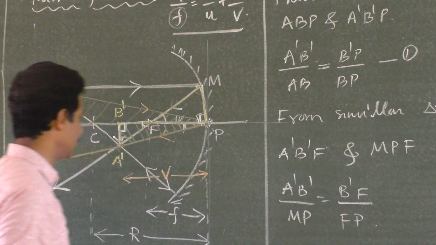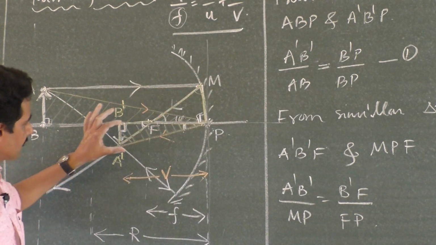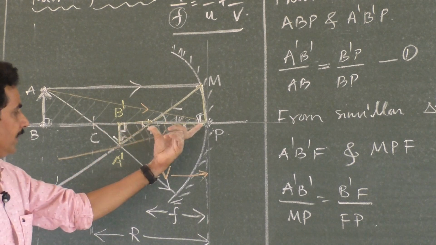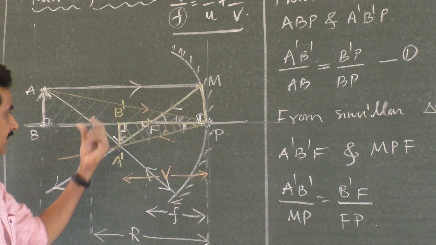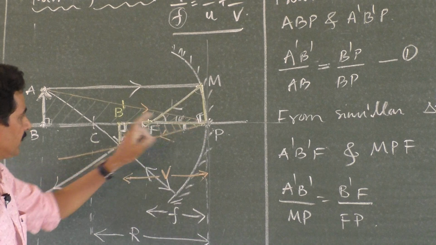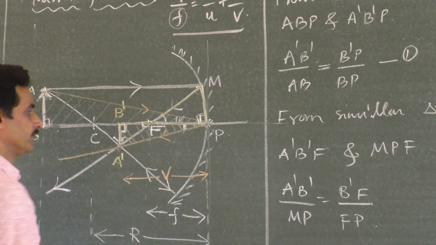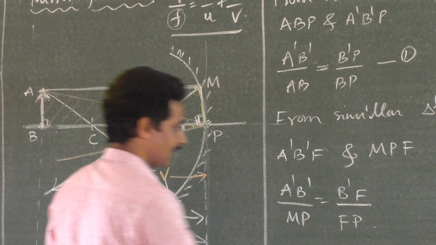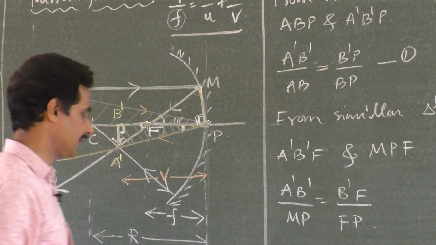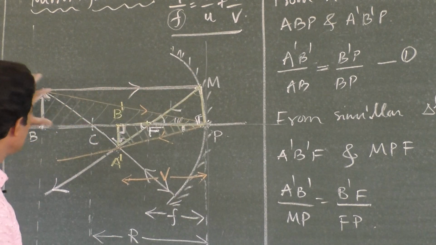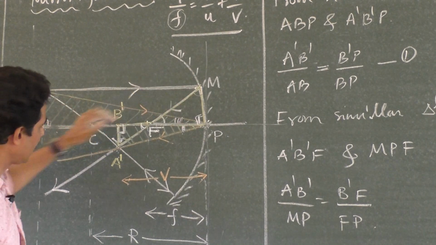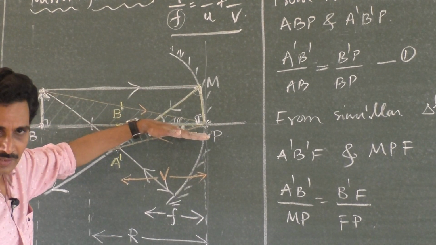In similar triangles, however many times larger this is corresponding to this, the same number of times this should be larger than this. So A dash B dash by MP must be equal to B dash F by FP. This is the second equation. Now, MP is a parallel ray incident parallel to the principal axis.